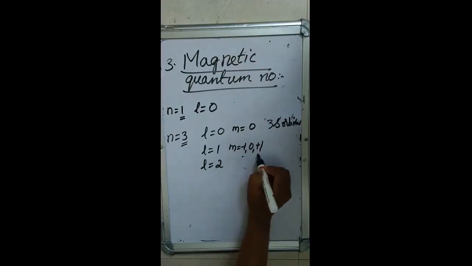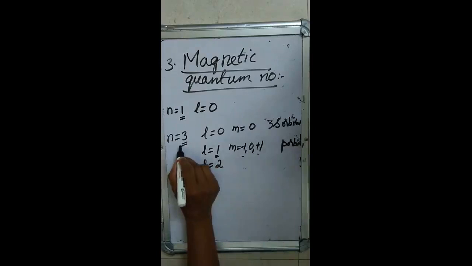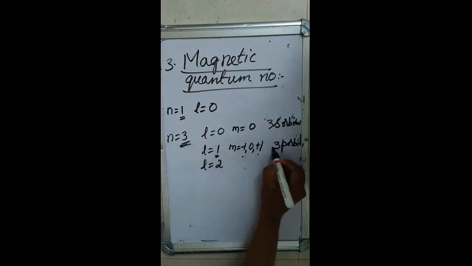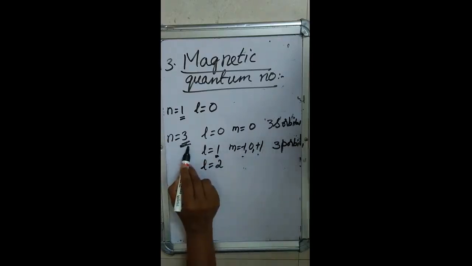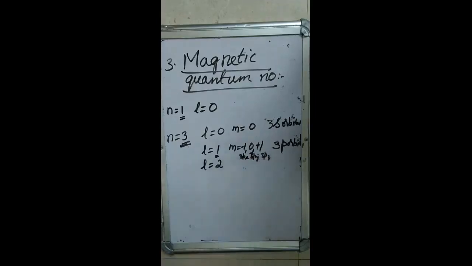Now m is equal to -1, 0, plus 1. 3 values are possible. Based on that, l is equal to 1 means I will write a p orbital, and since n is equal to 3 is given, a 3p orbital. Here you have to consider 3px, 3py, 3pz.